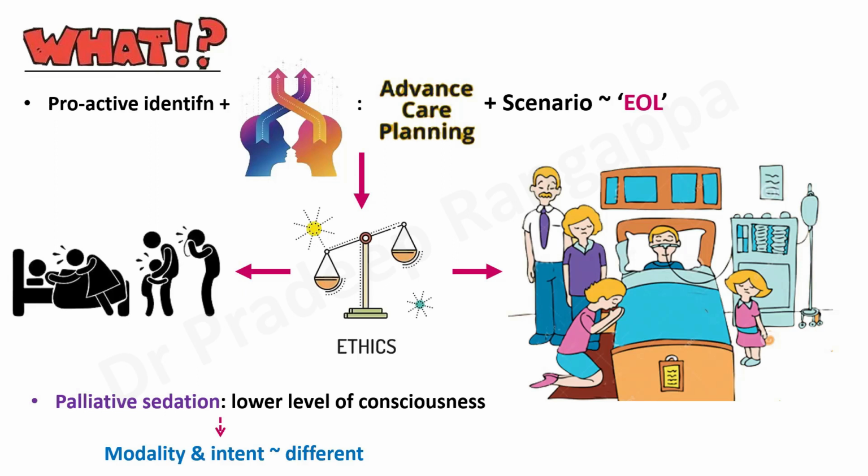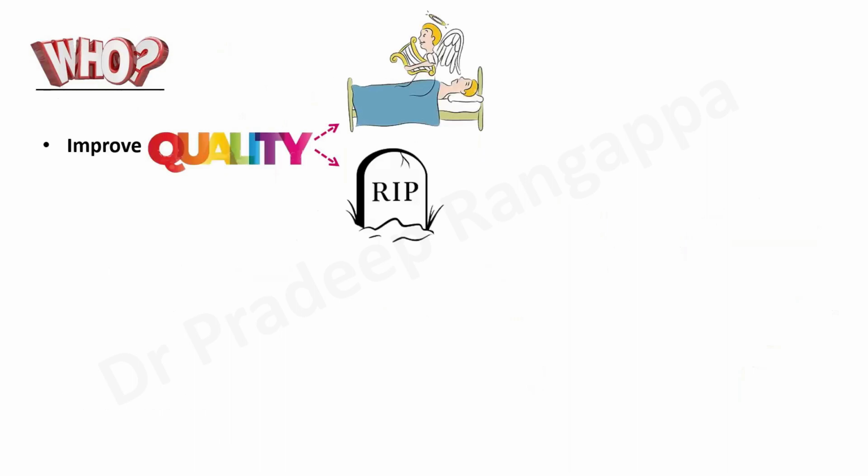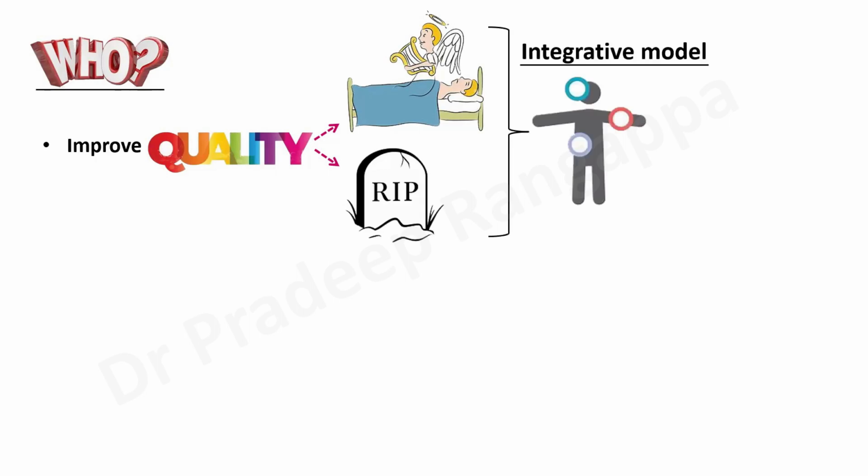So the modality and intent are a little different from the routine sedation practices that intensivists adopt. Who should get palliative care? It is shown that it improves the quality of death, and the whole process of death happens in a seamless way with less suffering. That is very important.